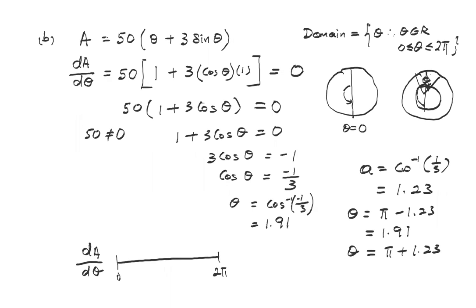So I get 4.371. Okay, correct? So I got two answers here, 1.91 and 4.371. Right? Then you have to determine the sign.